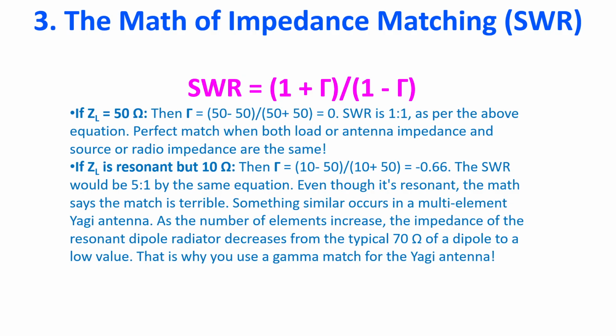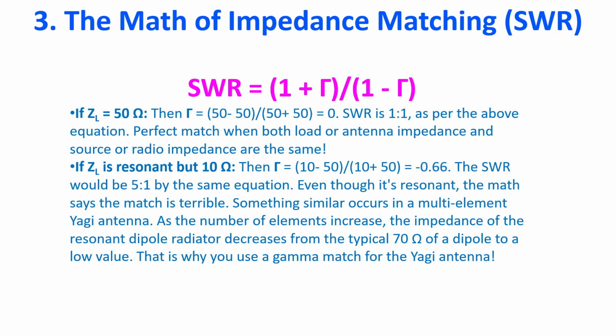But gamma or reflection coefficient becomes 10 minus 50 divided by 10 plus 50, which is minus 0.66. Then by the above equation, SWR will be 5:1. Even though it's resonant, the math says the match is terrible.